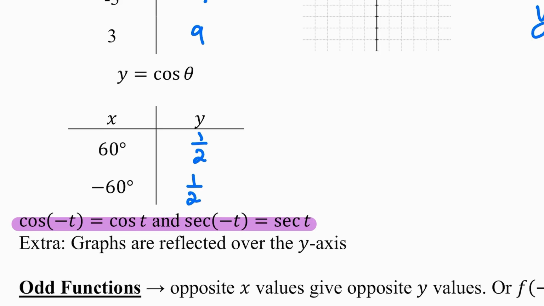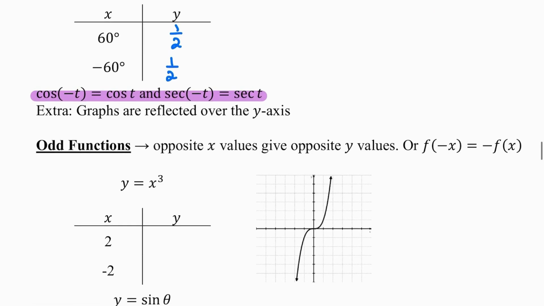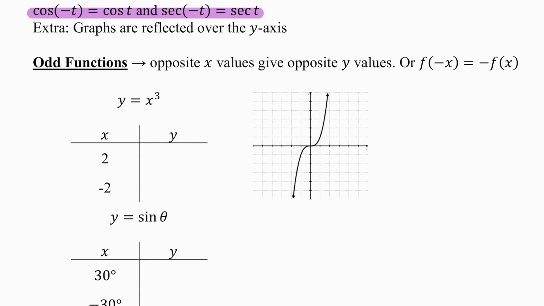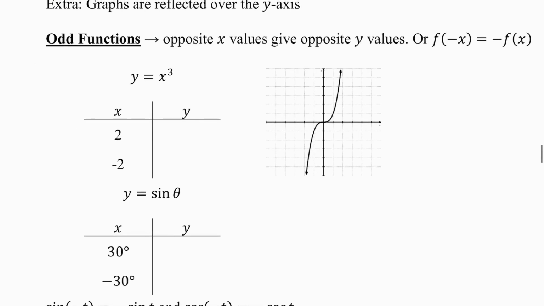And then here's that extra graphs are reflected over the y-axis thing that I wrote down earlier. Well, what's the opposite of an even function? An odd function. An odd function happens if you plug in a negative input, it negates your output. What does that mean? Well, let's think about x cubed.